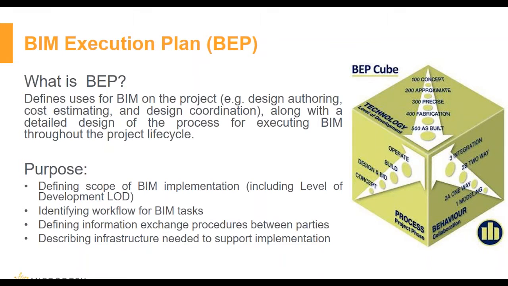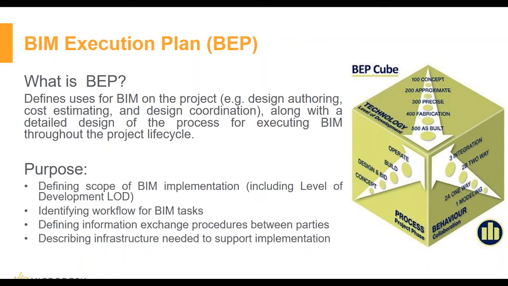The entire team will gain value through the increased level of planning by reducing the unknowns in this implementation process, and thereby reducing the overall risk to all parties involved in this particular project. So the purpose of a BEP is to define the scope of the BIM implementation.